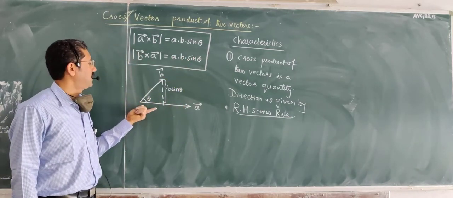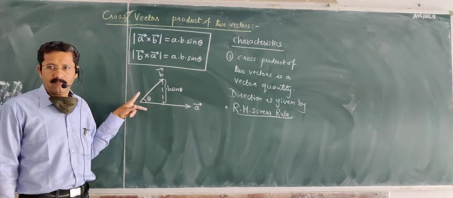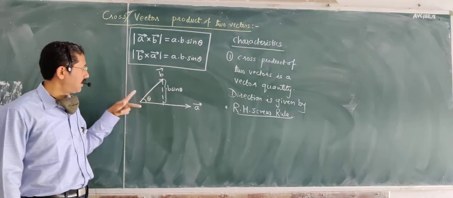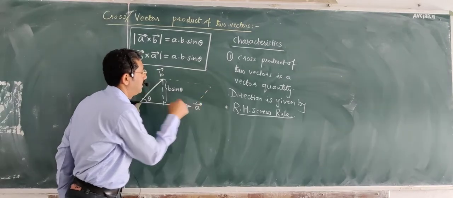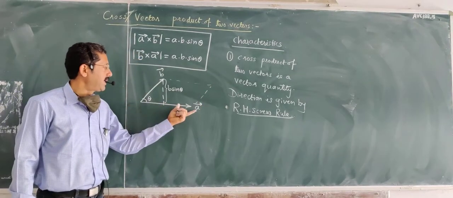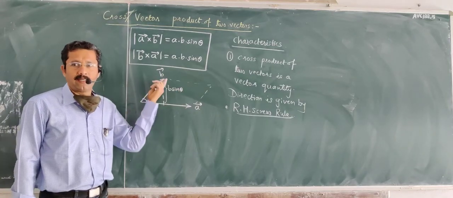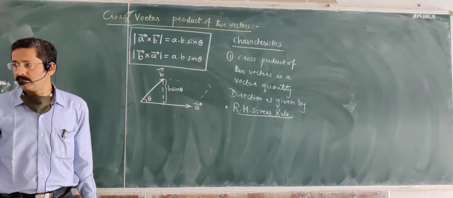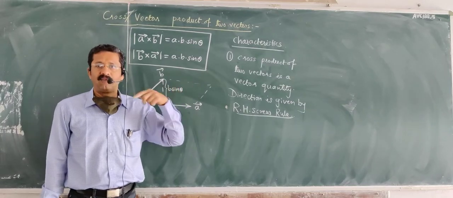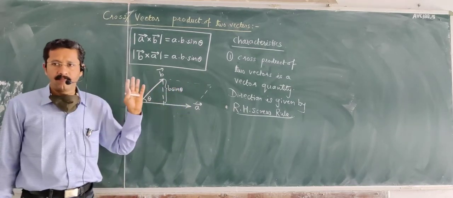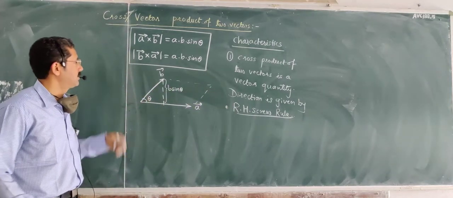Similarly, here, if these two are vector representations of two sides of a parallelogram, A and B, and I complete this parallelogram, then the magnitude A multiplied by B sin theta is base into height, the area of that parallelogram. So the magnitude of A cross B gives me the area of the parallelogram. This is one of the things. There are of course other things that we will study as time progresses.